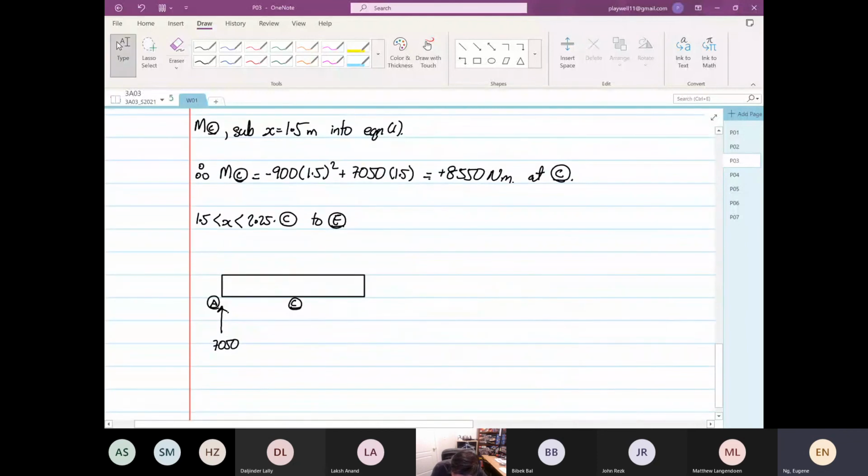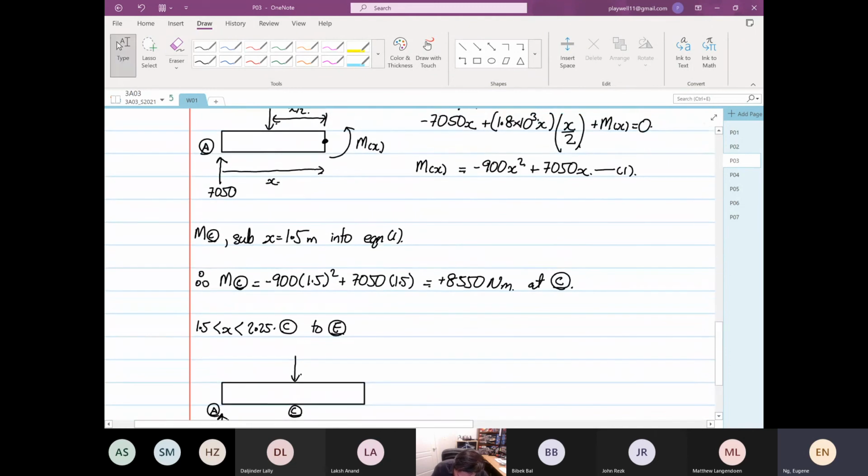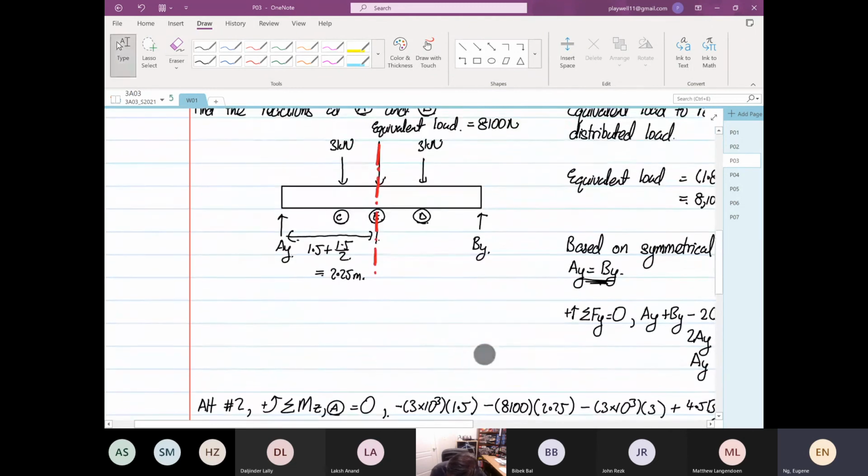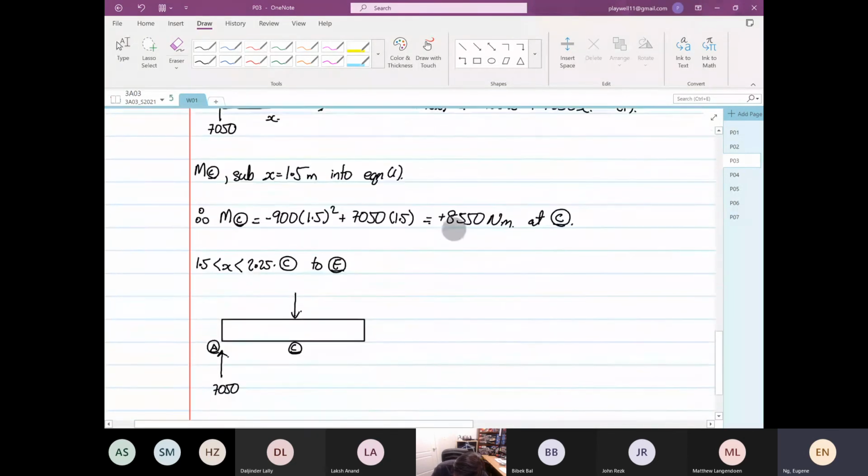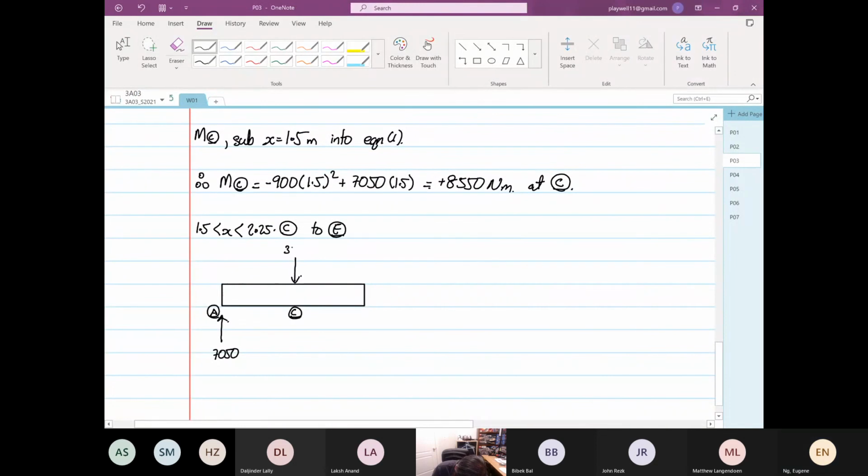Yep, 7050. Now at point C, you have a 3000 Newton load. So the distance from here to here will be x, right?